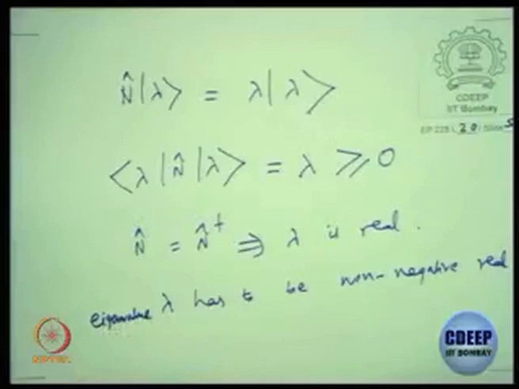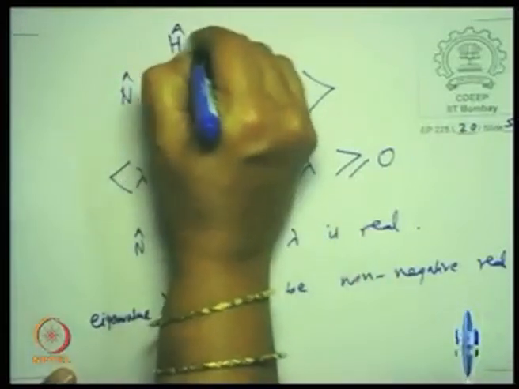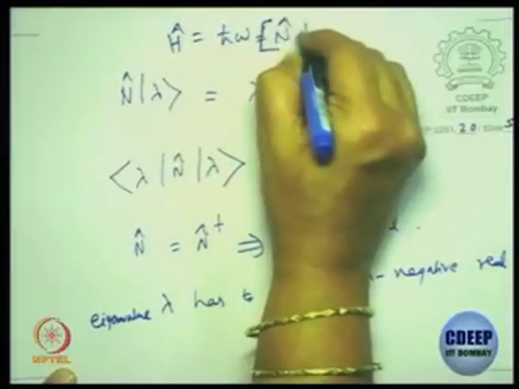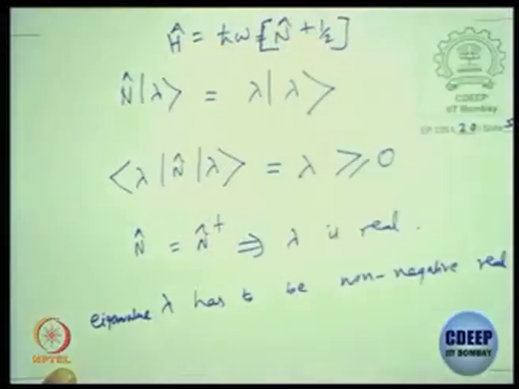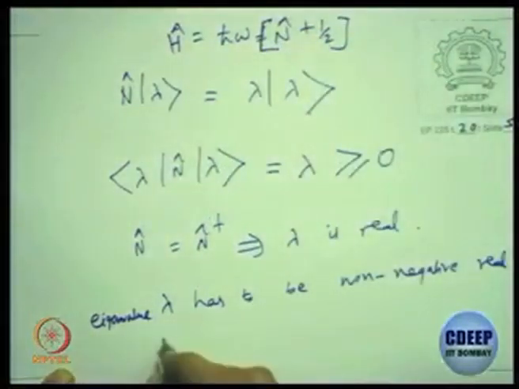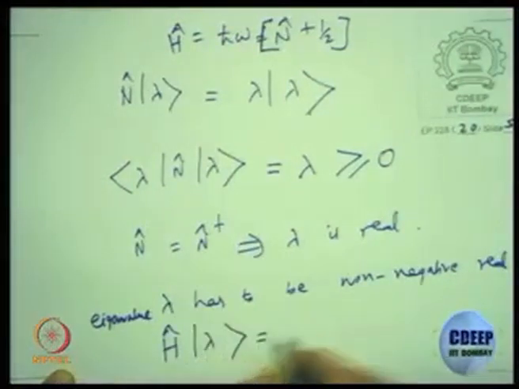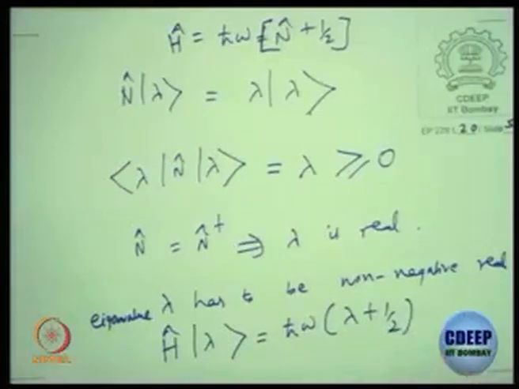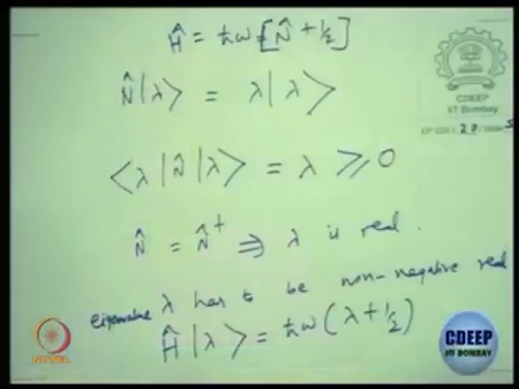Is this clear? Now on top of it, we also say that the Hamiltonian is h cross omega times n hat plus half, right? So therefore, Hamiltonian on lambda will give you h cross omega times lambda plus half. This also tells you why it is a number operator, because the eigenvalues of the harmonic oscillator involved non-negative integers, which is consistent with all this.